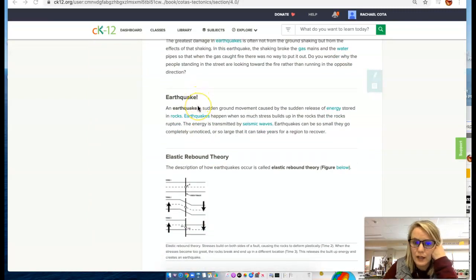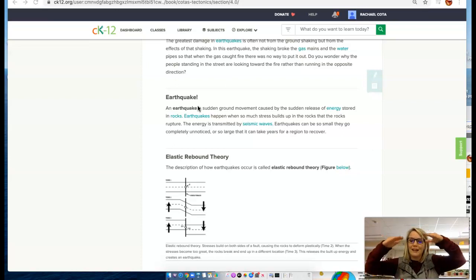An earthquake is a sudden ground movement caused by a release of energy stored in rocks. You can think of it as, here's my meter stick. Meter sticks have a little bit of flex, right? Well, rocks do too if you are as strong as the earth. The tectonic movement can actually bend and flex and stress rocks to a point.